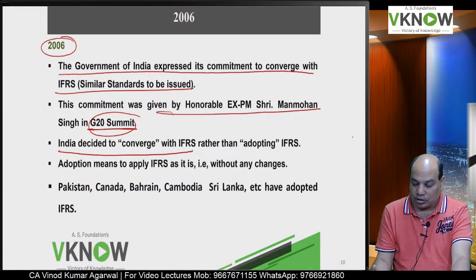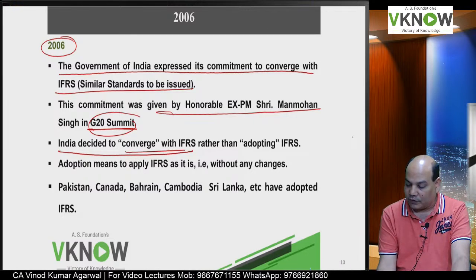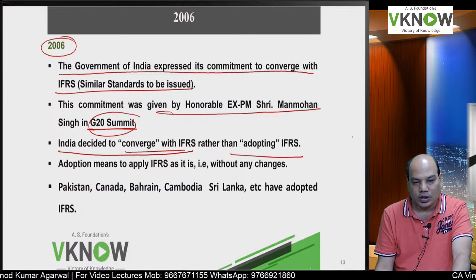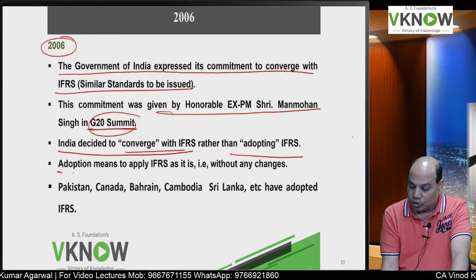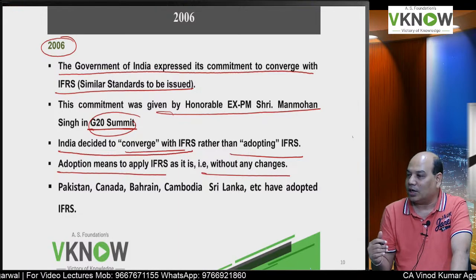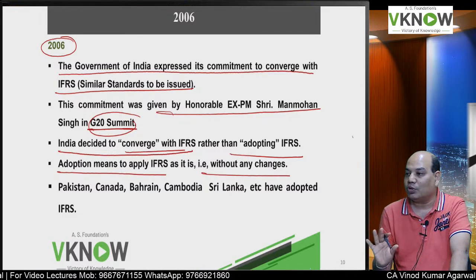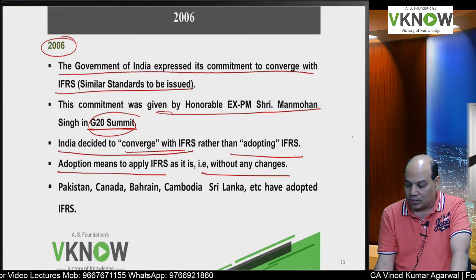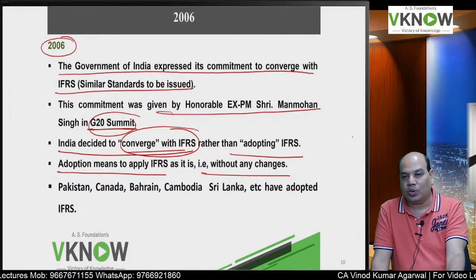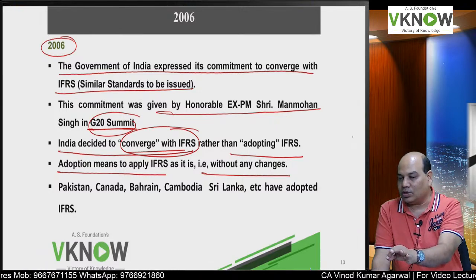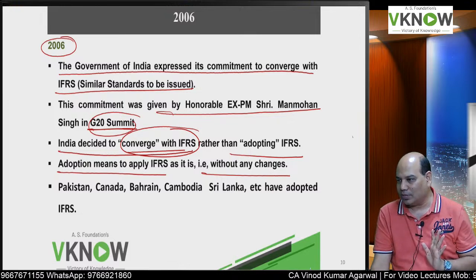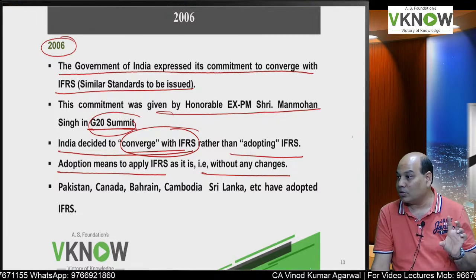So we are going to converge with IFRS, we are not going to adopt IFRS. What is the difference? If you adopt IFRS, it means you will simply take the entire IFRS as it is without any changes. But if you converge with IFRS, you are going to make some modification to suit the Indian business, economic and legal environment also.